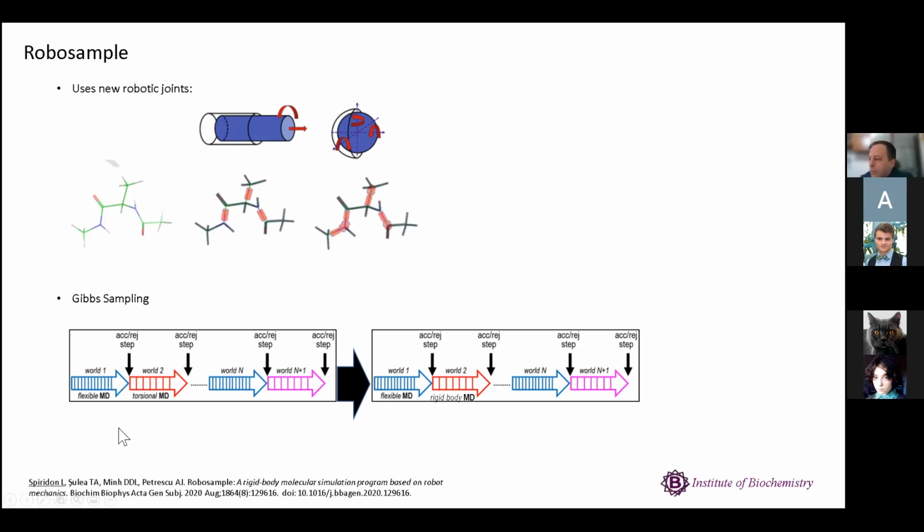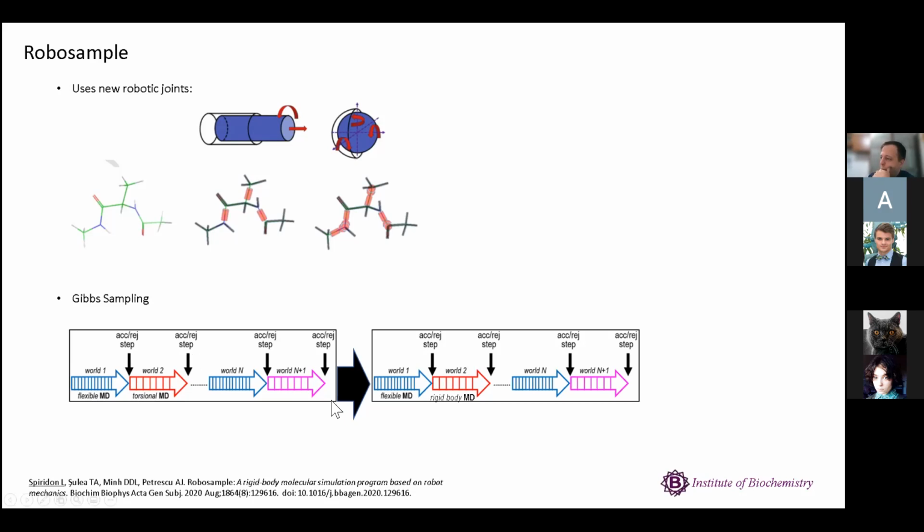To be a little bit more clear, the way we do Gibbs sampling is by alternating a fully flexible system with only torsional system molecular dynamics in between the acceptance-rejection step of a hybrid Monte Carlo protocol.